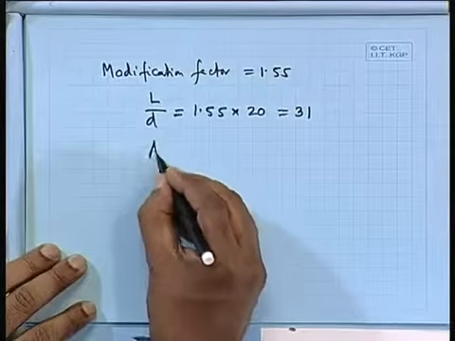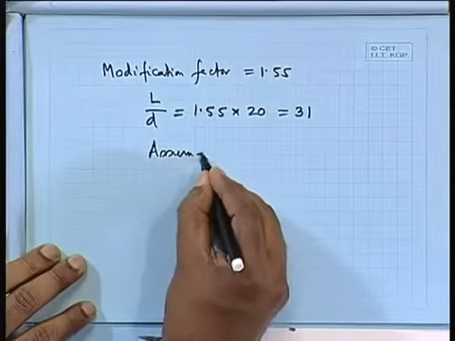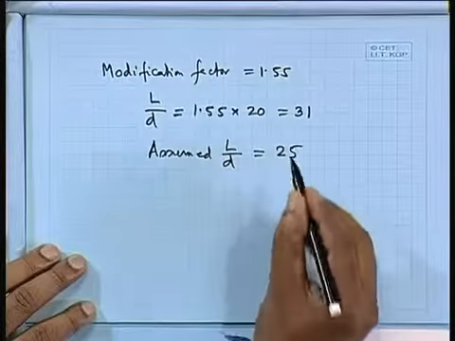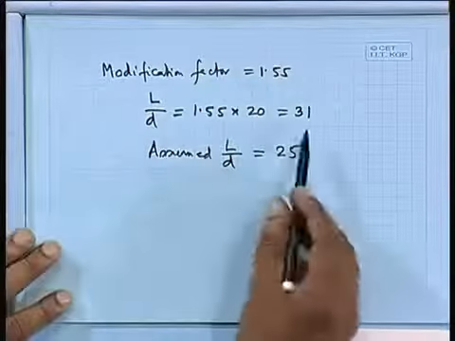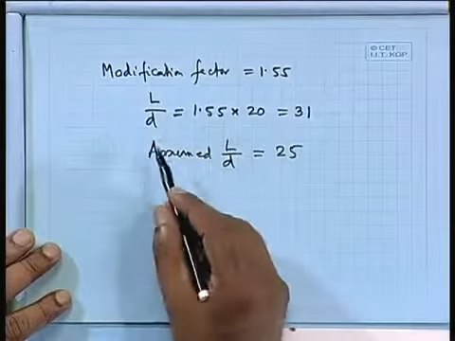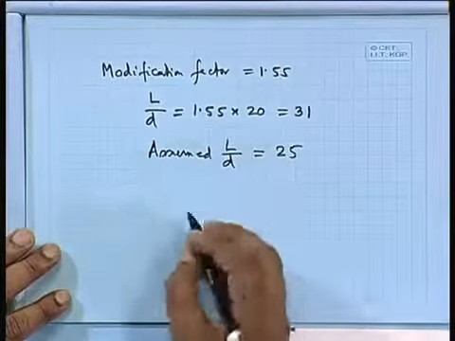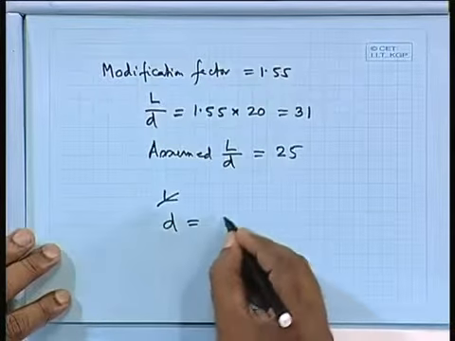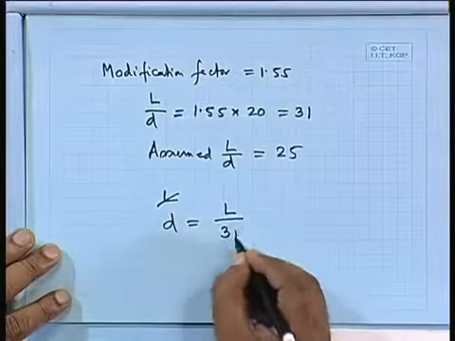We had assumed L by D as 25. That means we can reduce the D. In this case D will be equal to L by 31.